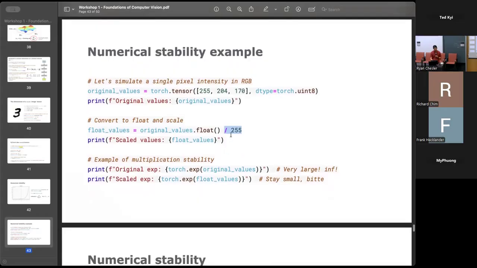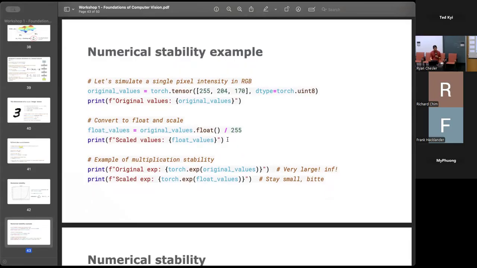So they're showing basically if we divide by 255, it makes things easy, and then you can do all your neural network training and computation in that format, and you don't really have to worry too much about numerical stability. So if you do it 0 to 255, you have your 255 value, and then it just becomes something crazy.